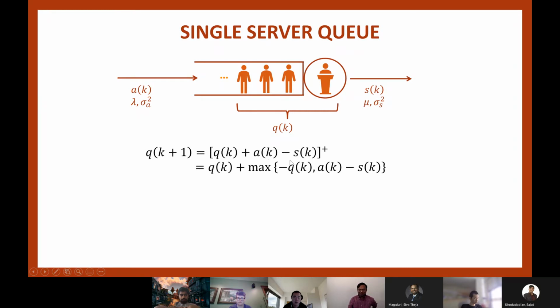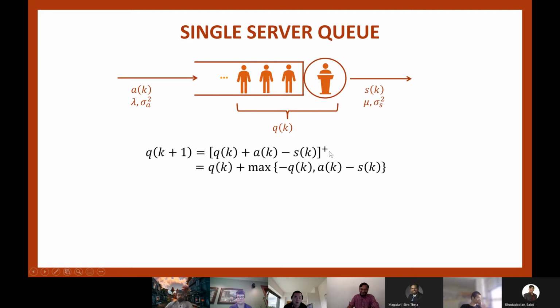I have service only if there are customers to take that service, which means the queue length will never go negative. Negative queue length does not make any sense. So what I do is I use this bracket plus. Bracket plus is just defined as the max of whatever is inside it with 0, which means if the inside thing is positive, it doesn't do anything. If the inside thing is negative, the output of this bracket plus is just 0.